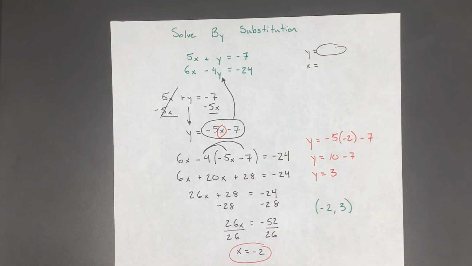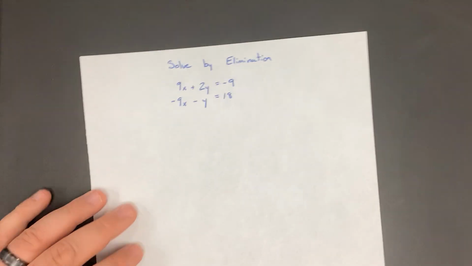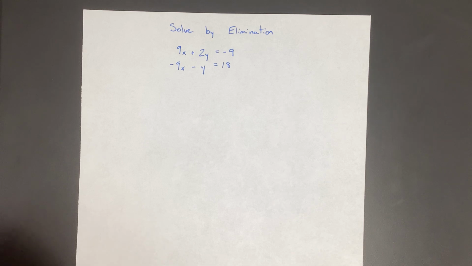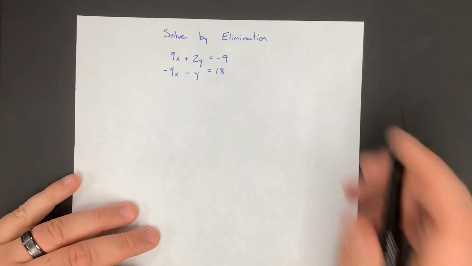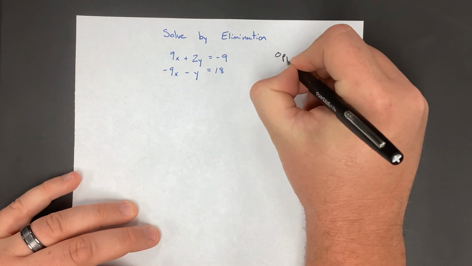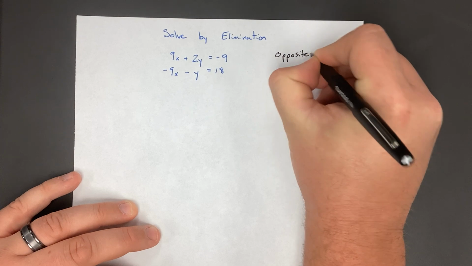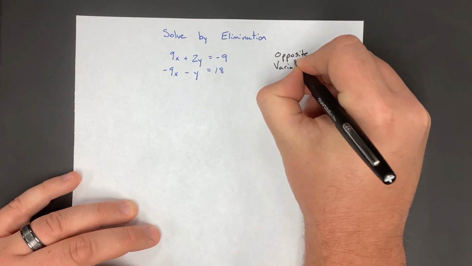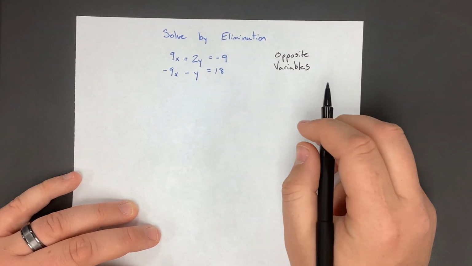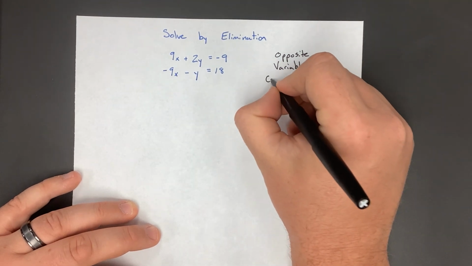Okay. So our next example is going to be solve by elimination. And the key for this one is we want opposite variables that cancel each other out.